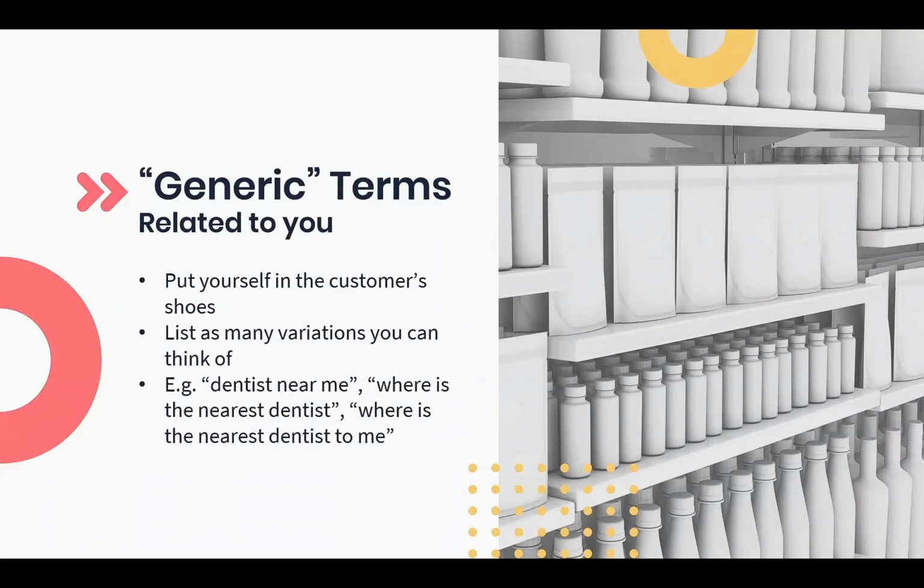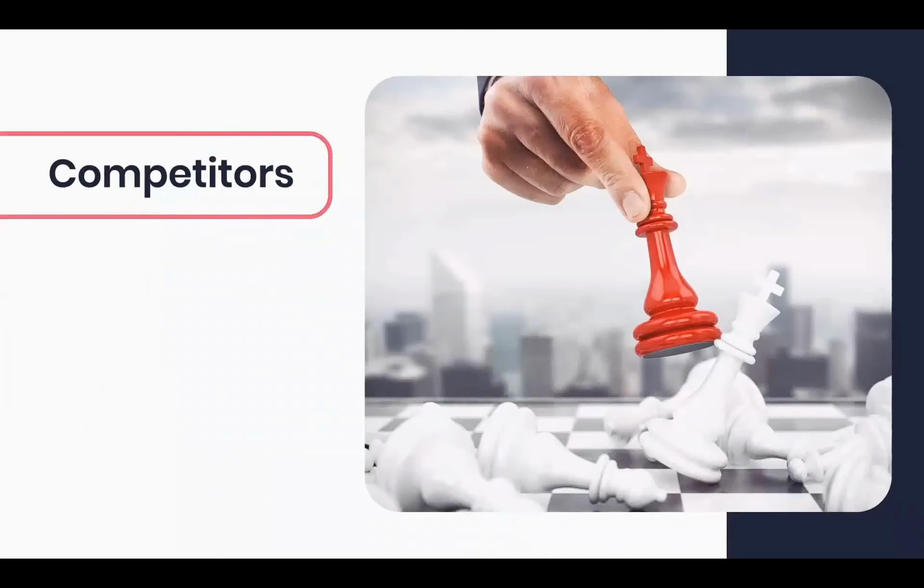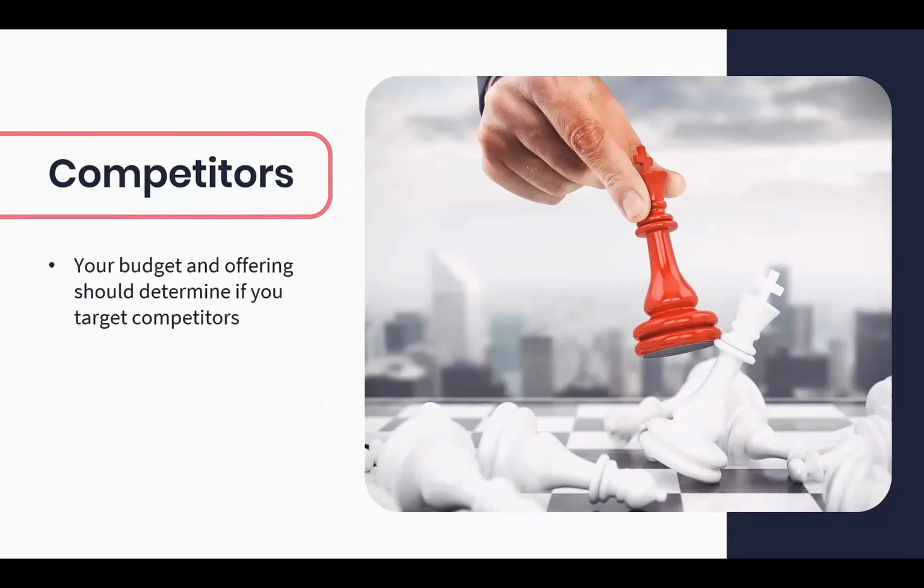As an example, if we look at dentist near me, then another variation of that is where is the nearest dentist, and another one is where is the nearest dentist to me. List those all out, as many as you can think of, and then put it in a separate document for keeping it for later.